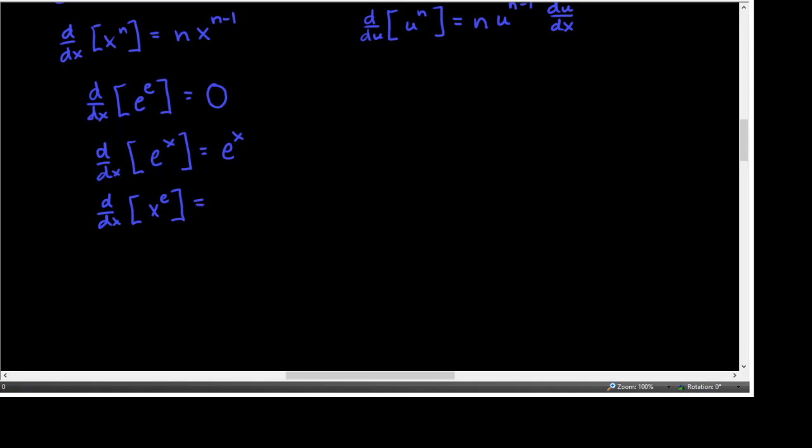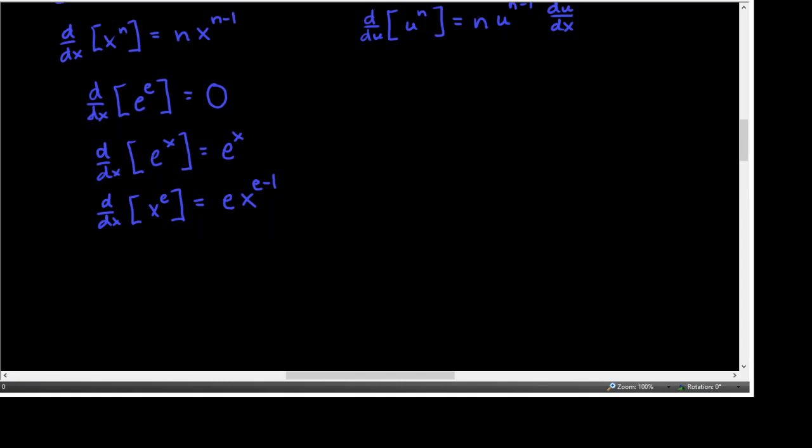Well, since e is a number, that's x to a number. It's not x squared or x cubed, but we follow the exact same rule. So we bring down that constant e in front and reduce the power of the numerator by 1. Now, I can't simplify e minus 1 any more than that. So be careful. E is a number. It's not a variable, and you've got to treat it like a number that you're just maybe a little bit less used to seeing than others.